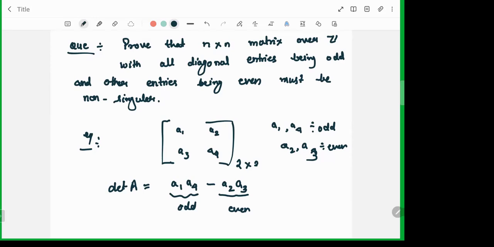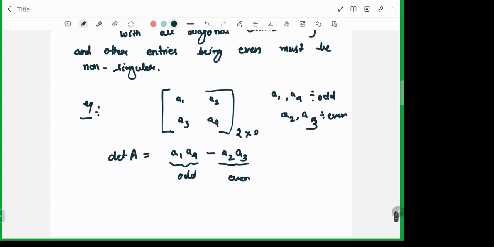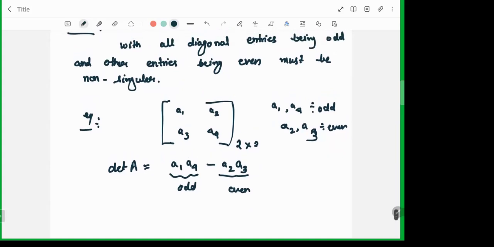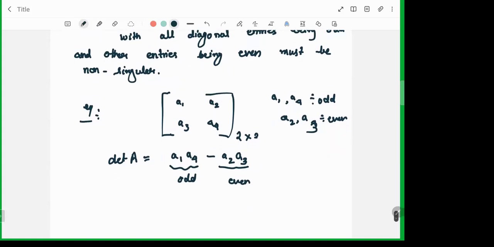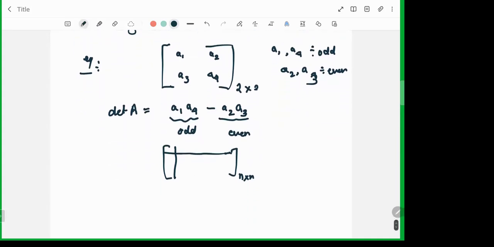So this is n cross n. If we exclude one row and one column, this is n minus 1 cross n minus 1, so the claim is true for it.